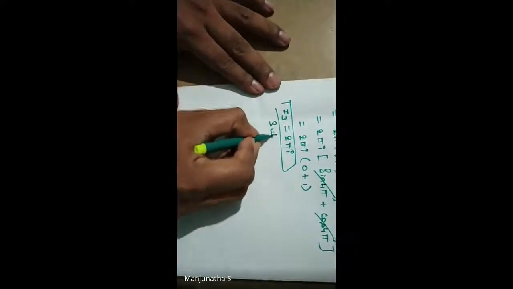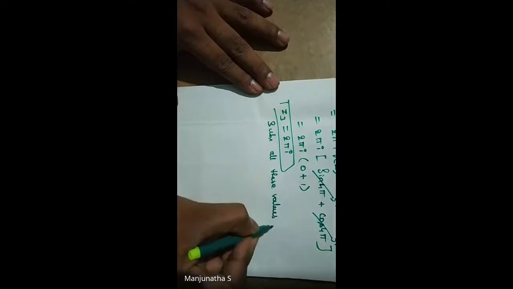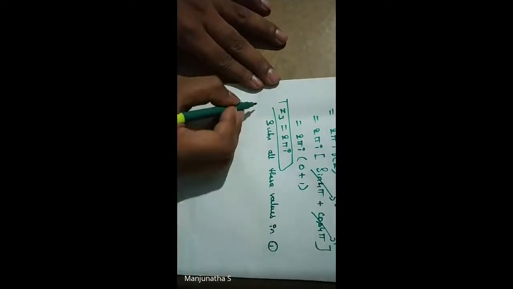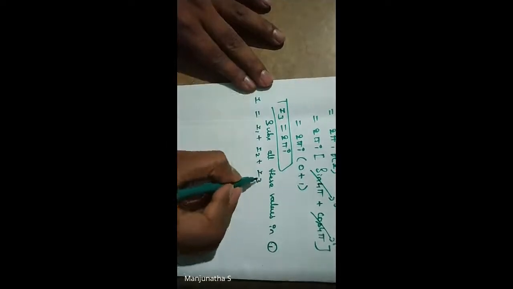So this is about I3. So substitute all these values in 1. So what is 1? I is equal to I1 plus I2 plus I3. So therefore I is equal to, what is I1?